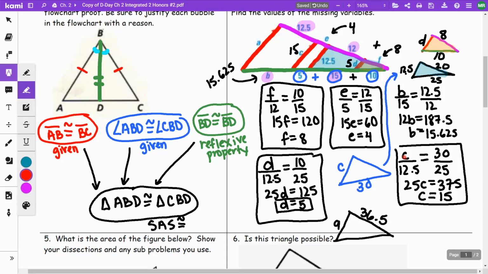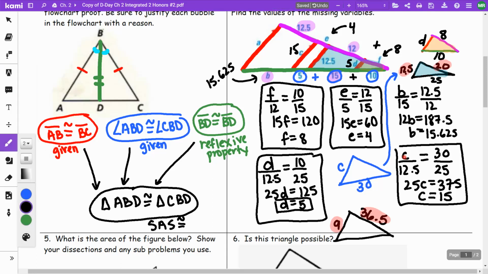And when I'm saying that, I'm going to be using this and this with this and this. And I'm going to set that up. So I'm going to do A is to 12.5 as 36.5 is to 20.